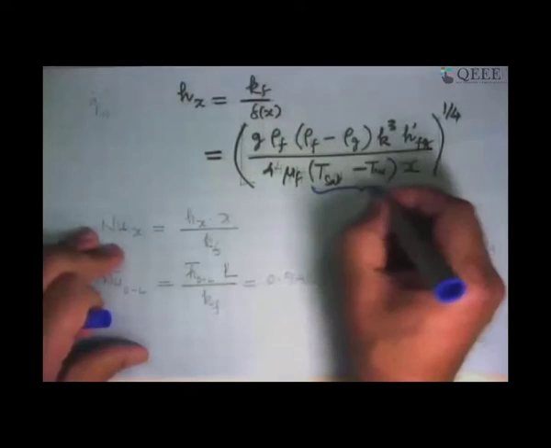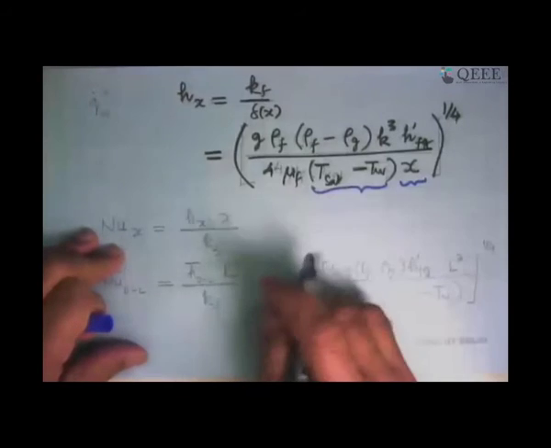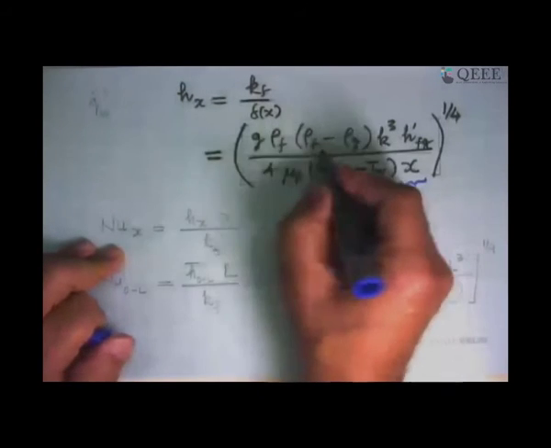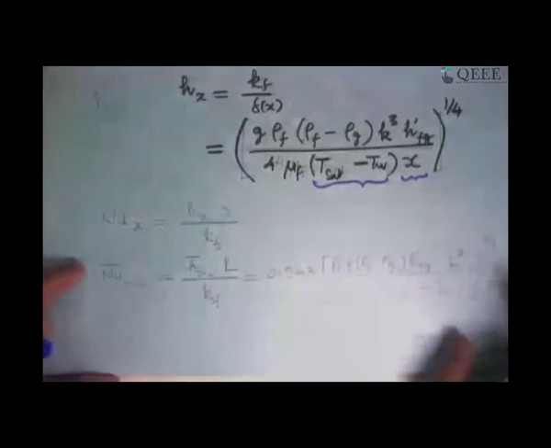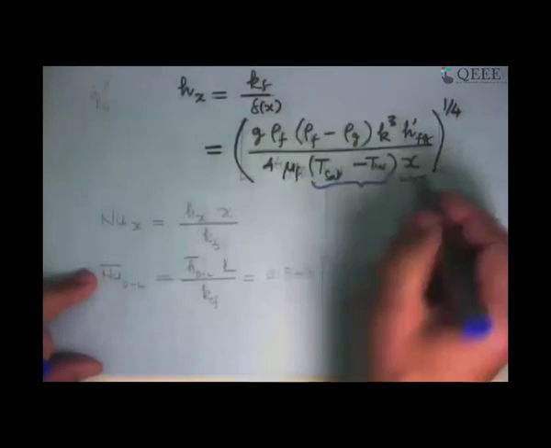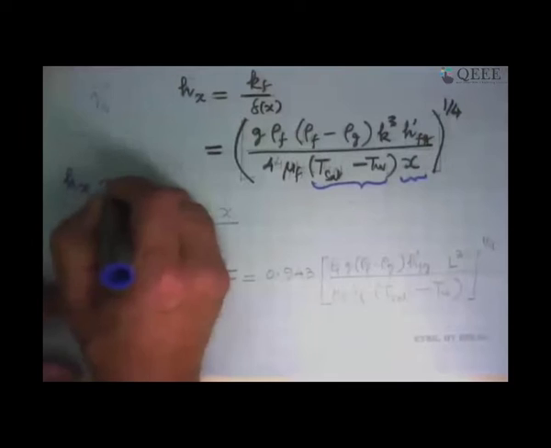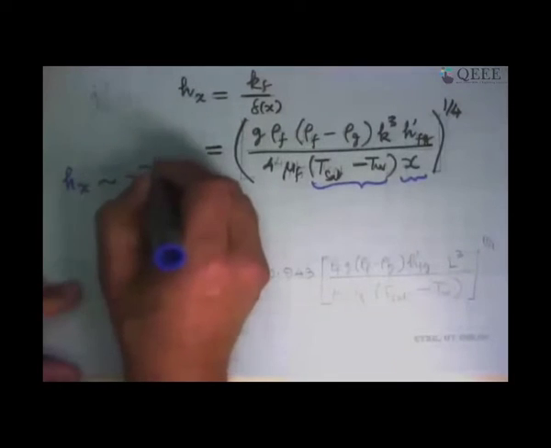The only interesting thing in this is that here is the temperature difference and this is the distance. Rest all g, rho f, rho g, k, hfg prime, mu f, these are all properties of the fluid. So this is what is happening, and what it tells us now is that hx goes as x to the power minus 1 by 4.